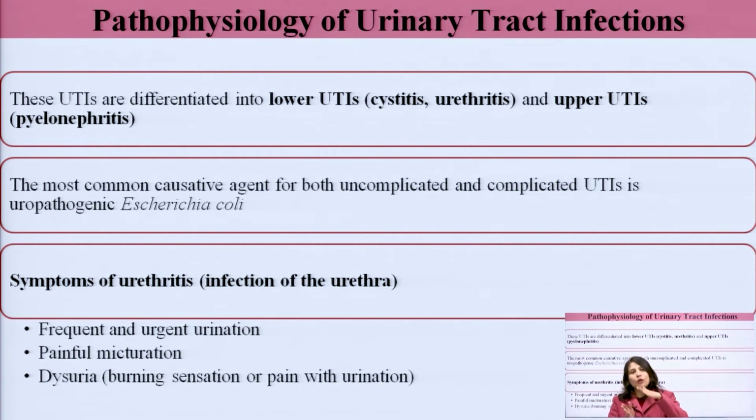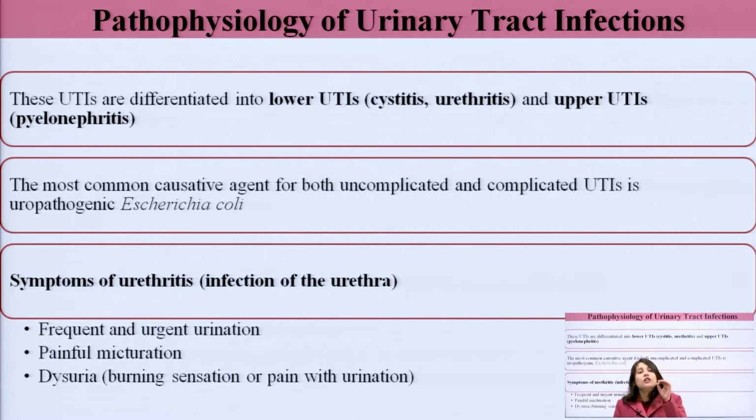So the UTIs are lower UTIs when they only infect the lower regions of the urinary tract, the urethra and the bladder. Upper UTIs are when it reaches the kidney, the upper portions of the urinary tract.